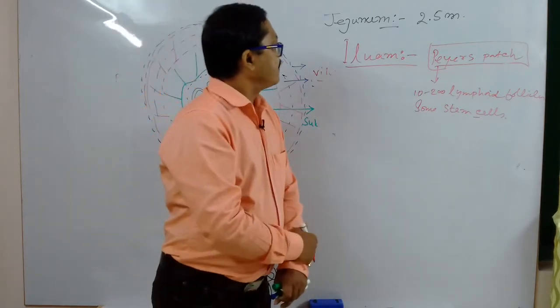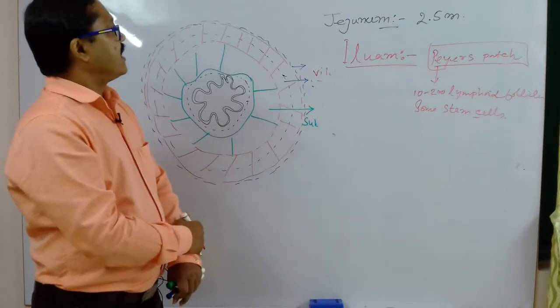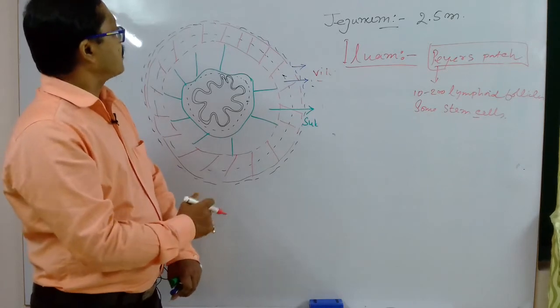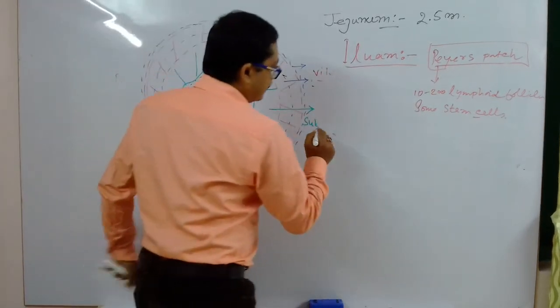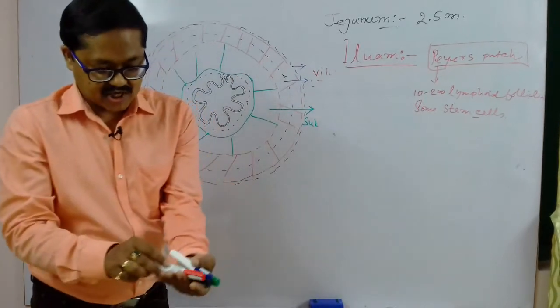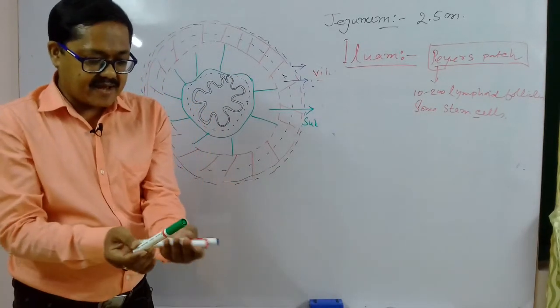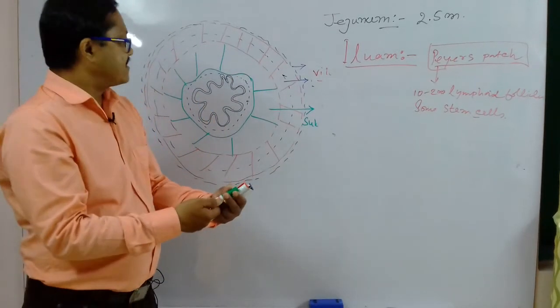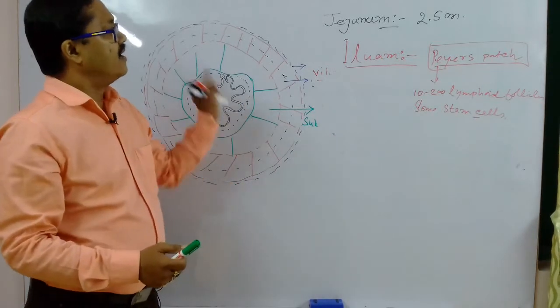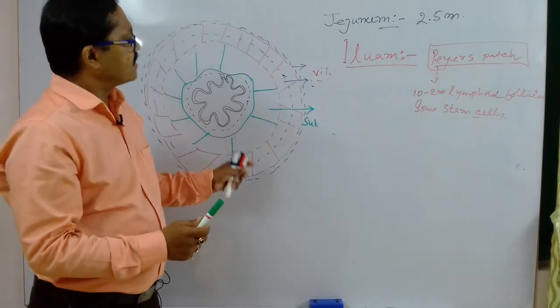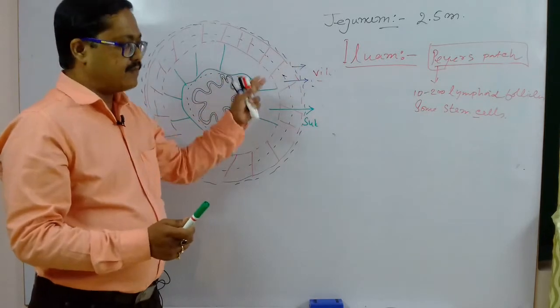So several questions arise. Then we shall discuss the villi. Let's go into the structure of villi. The villi are the main structure present in the mucosal zone of the intestine. Villi are present in the duodenum, jejunum and ileum.